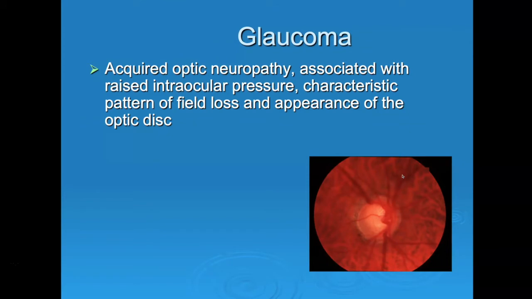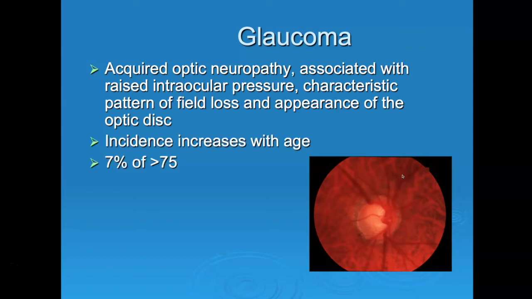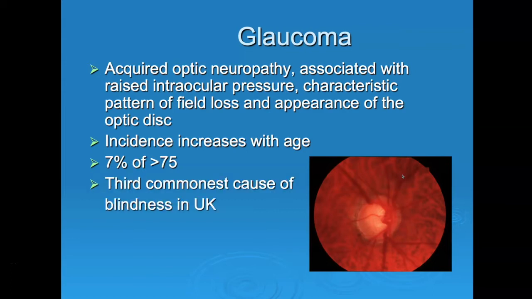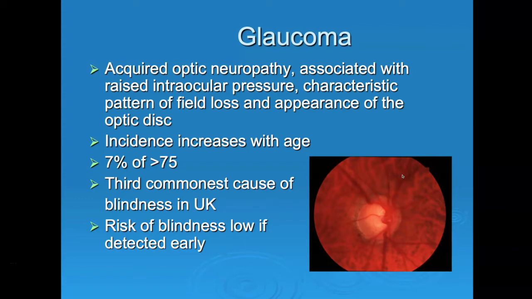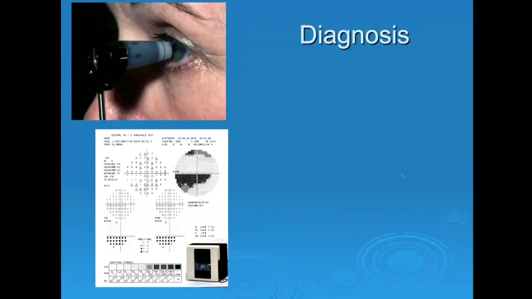It is often associated with raised intraocular pressure, but not exclusively, but always produces the characteristic pattern of arcuate field loss and the hollowing out of the optic disc. It tends to be more prevalent in the elderly and is the third commonest cause of blindness in the UK. But if you detect it early, these patients do not go blind and do not even lose their driving license.